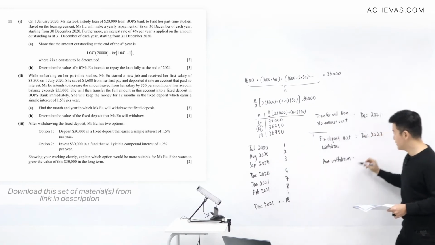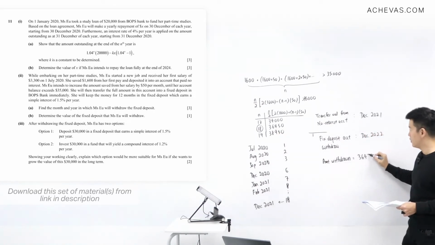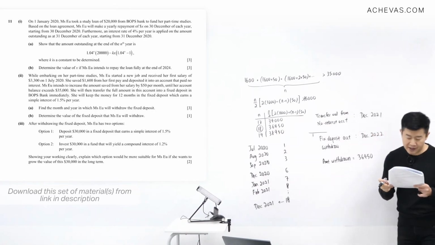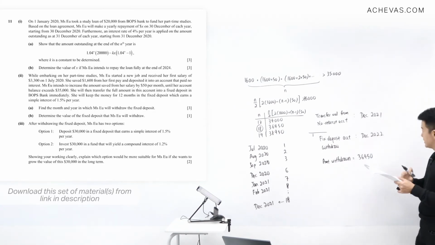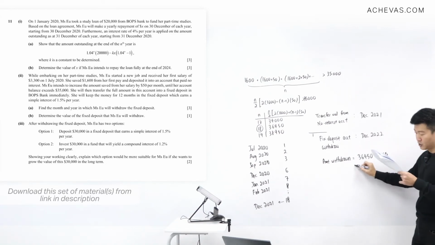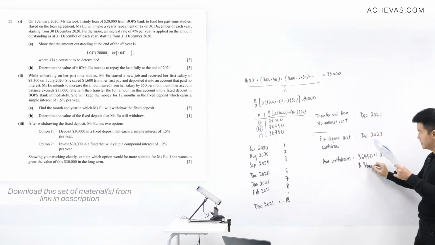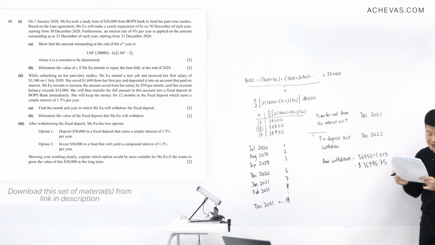The amount that she deposited is 36450, and the bank is paying a 1.5% interest. So I'll multiply this by 1.015. So this will be the amount that she's withdrawing. It is going to be 36996 and 75 cents.